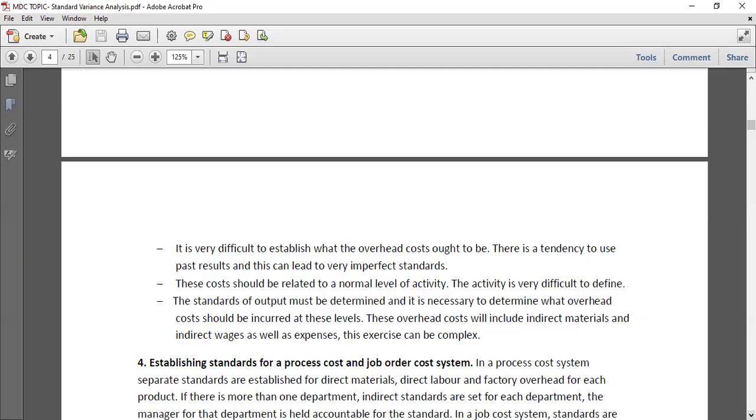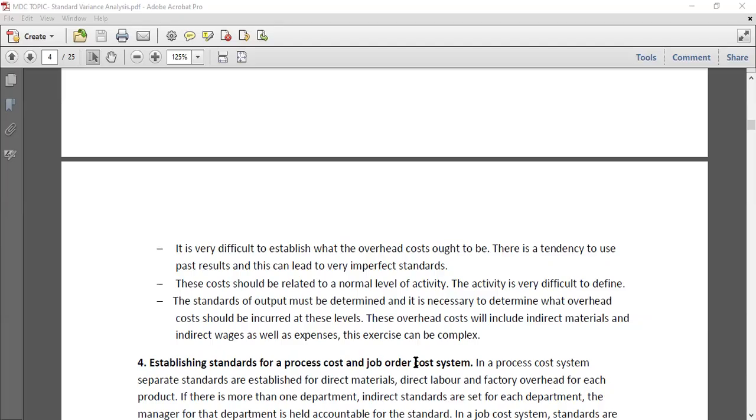Establishing these overhead costs before you actually get into production may also be a little hard, especially when you are in the first year of production. And if you are trying to use past results, this could also come with a lot of inconsistencies.